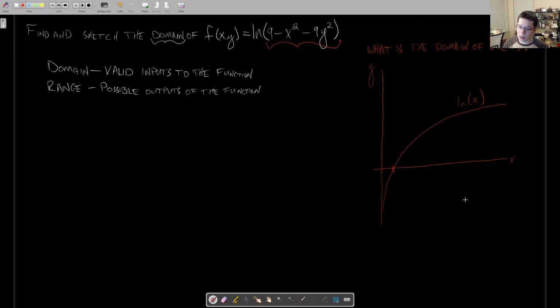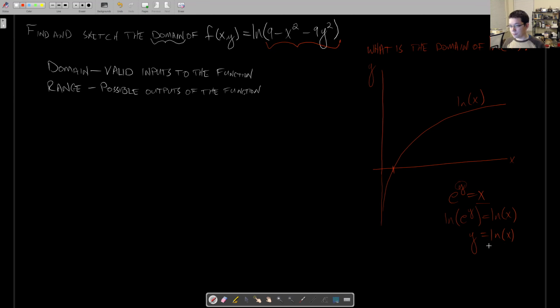So if I have e to the y equals x, and I want to know what do I have to put in for y to get the number x, then I would say the natural log of this whole equation, e to the y equals the natural log of x. Natural log of e to the something gives me the something, so I have y equals ln of x.